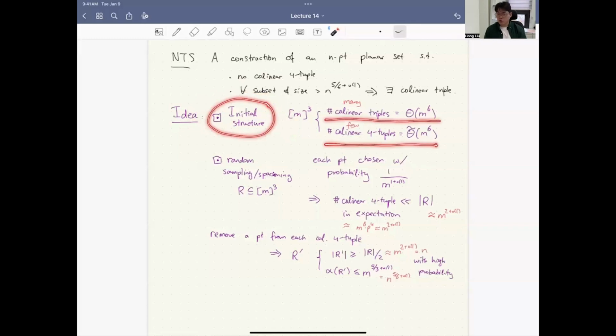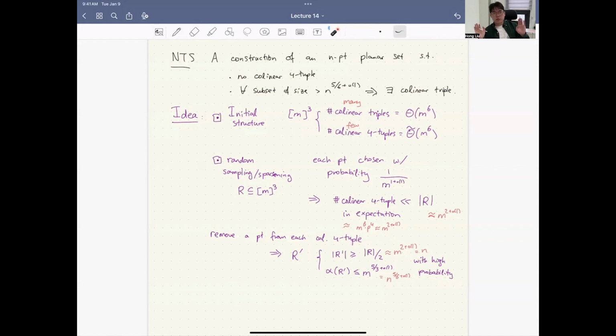It has few collinear four tuple, but many collinear triple. It has some nice property favoring our purpose. Then we do random sparsity. Another example is the 3-color diagonal Ramsey lower bound construction. Half algebraic, half random. It performed better than purely random.